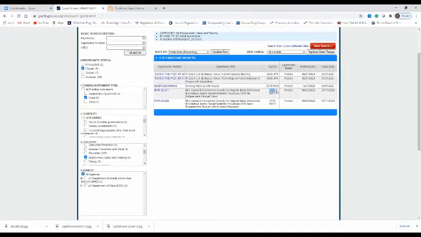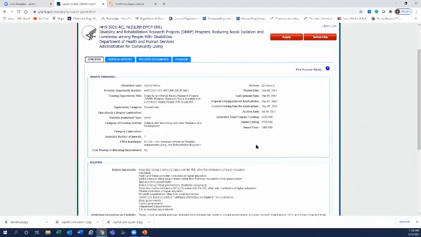Here, this agency, HHS, I know that to be Health and Human Services. NIH, the National Institutes of Health. So same agency for these two. The opportunity has been posted. They showed the post date, they showed the close date. So these are all closing, excuse me, not all of them. Here's the synopsis of the opportunity.